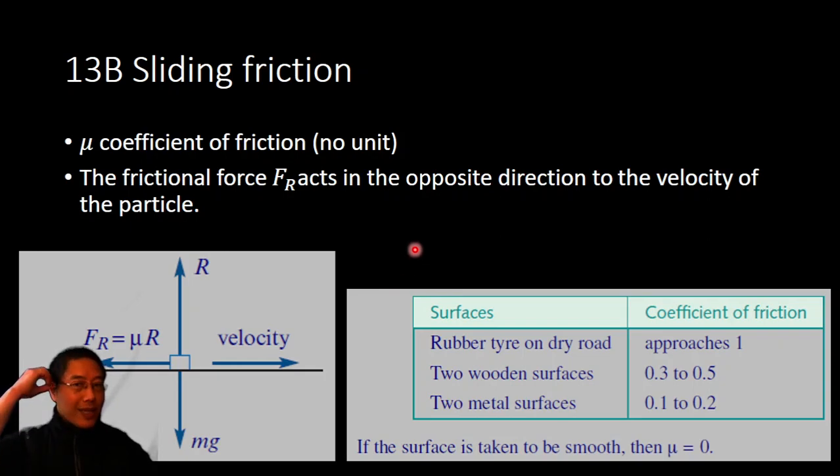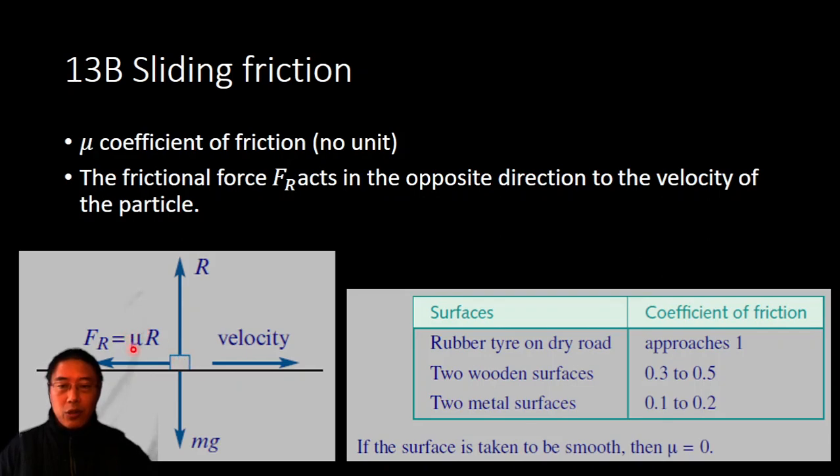Alright, sliding friction or friction. The way you do it is, let's say you have an object moving to the right. The friction force is always in the opposite direction of the motion, and its magnitude is mu times R, and R is the vertical reaction force, which is opposite to the weight force.